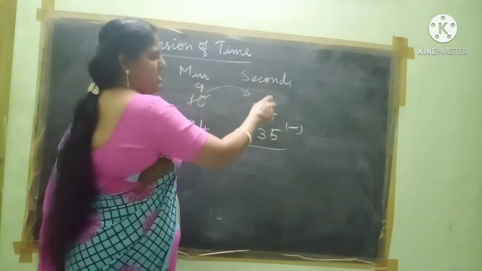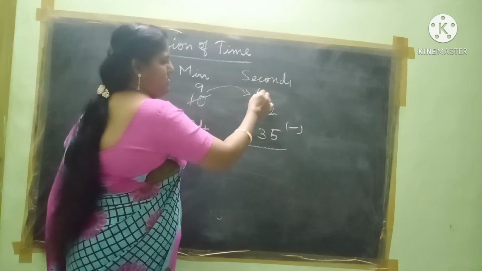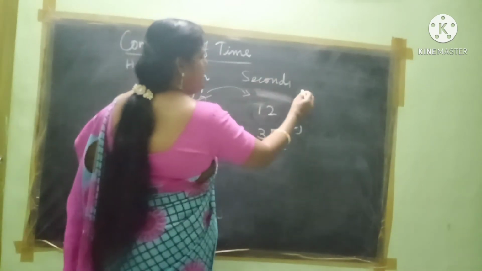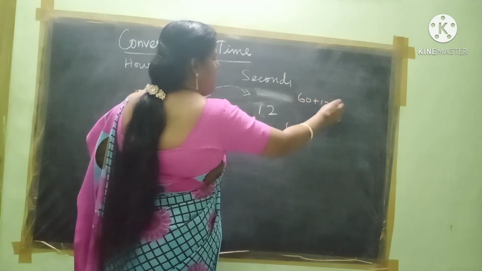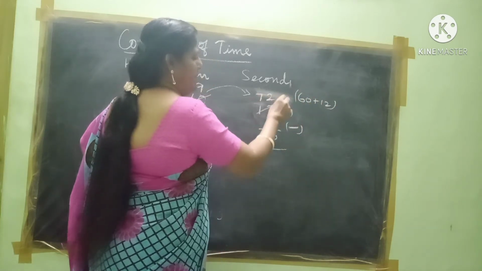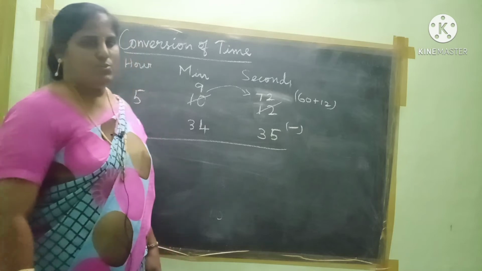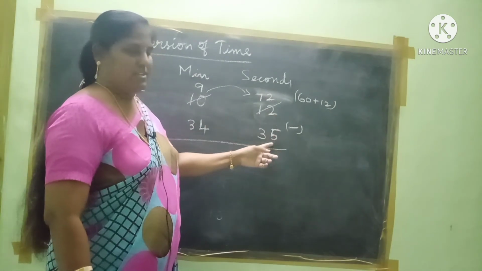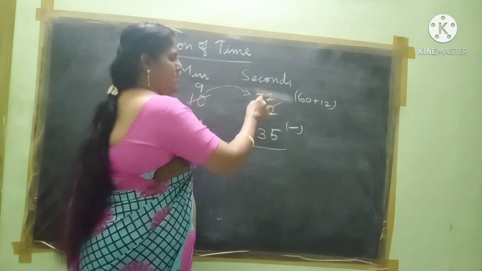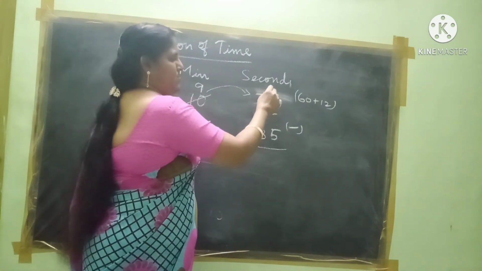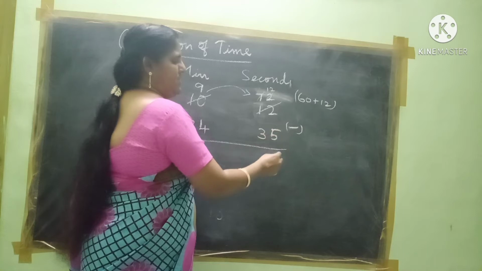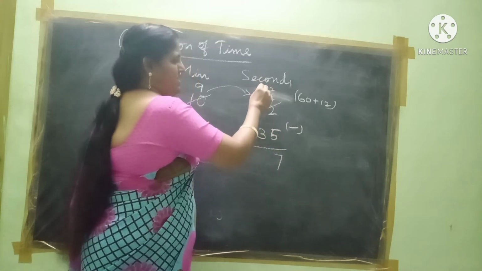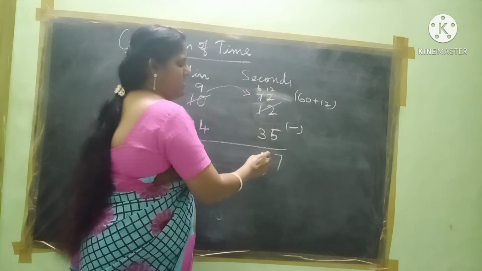So 60 plus 12, totally 72 seconds are there. Now you subtract 35 from 72. As usual, it becomes 12 minus 5. 12 minus 5 is 7. And 6 minus 3 is 3.